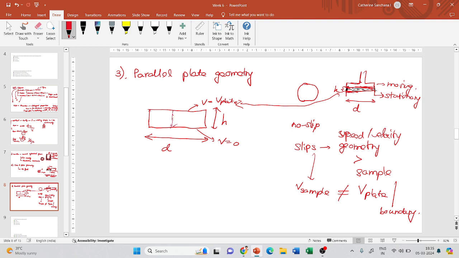There is a change in velocity with height, right? This change in velocity is assumed to be linear. It can be anything. We are simply assuming that the change of velocity with respect to the height is linear.